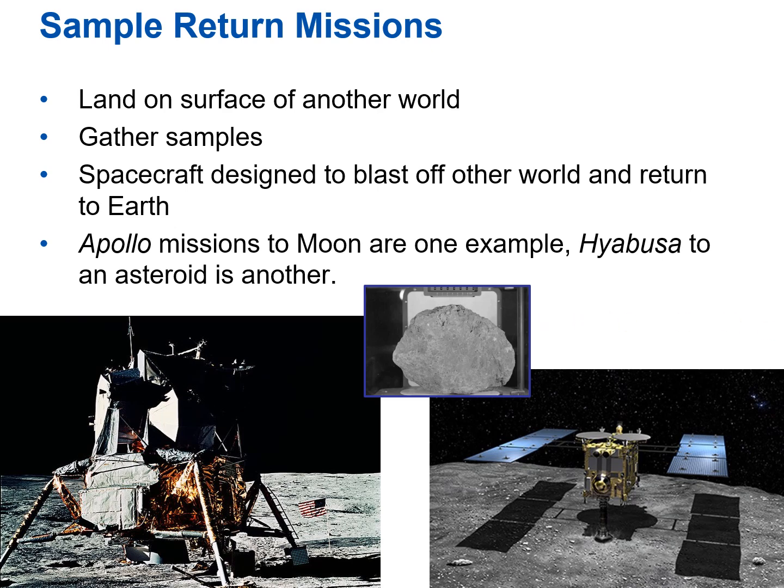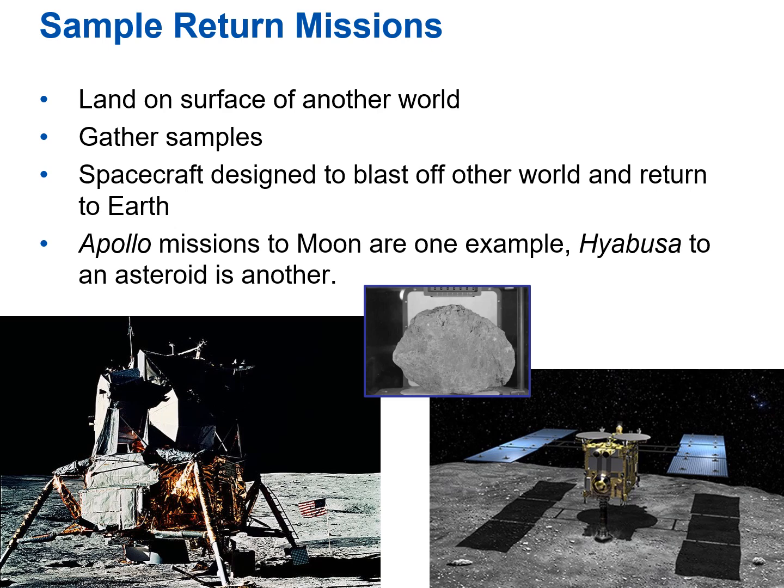Now, there is much benefit to sample return missions. It allows us to take material from the other world, whether it's a moon, an asteroid, someday a planet, and we can analyze it on Earth. We just have better facilities to analyze it here on Earth.